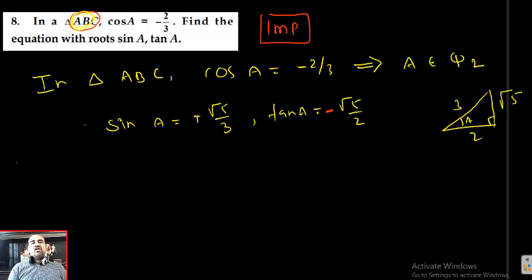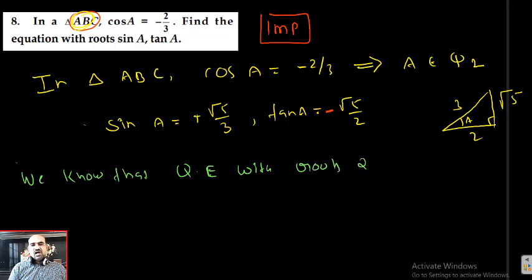Now you want to write a quadratic equation whose roots are sin alpha and tan alpha. So I will write that. We know that the quadratic equation with roots alpha and beta is x square minus (alpha plus beta) into x plus alpha into beta equal to 0. This is the quadratic equation whose roots are alpha and beta.